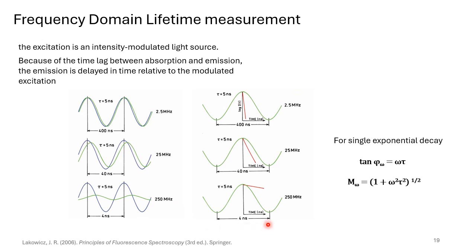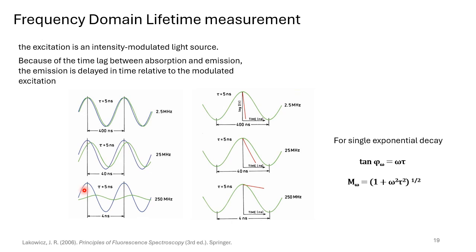So now if we come to this plot we can understand this better. Here we have used a light frequency of 2.5 megahertz. Here it is 25 and here it is 250 megahertz. So we can see that here it is lagging more, or the difference is more than these two, right?